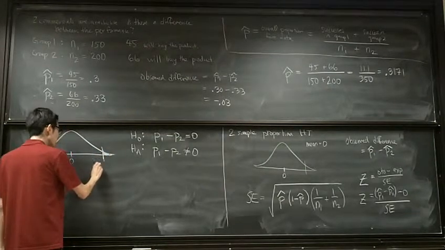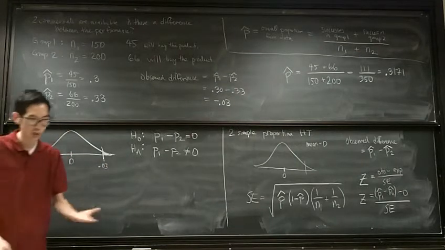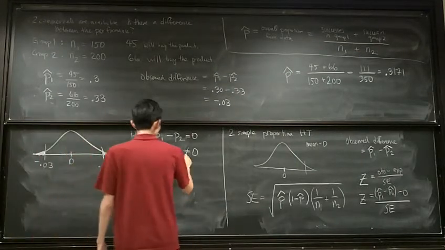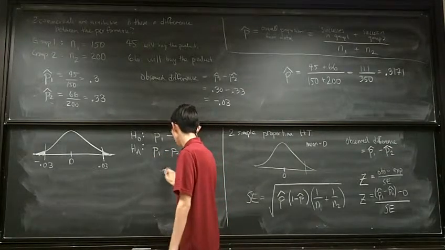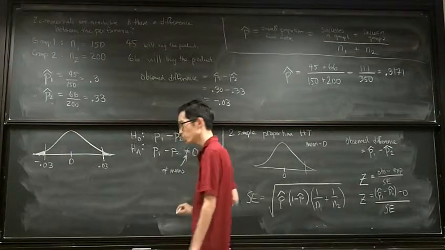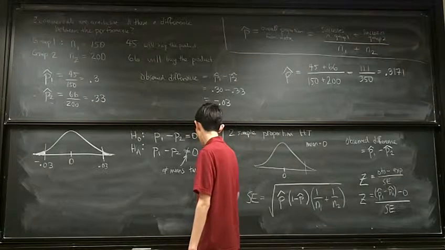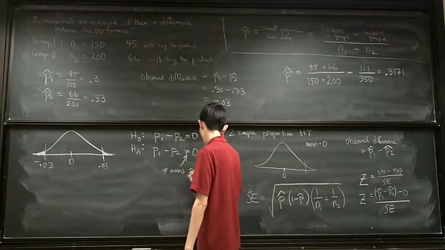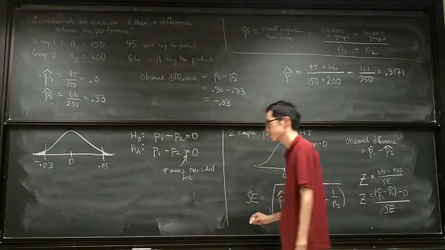If that's a little bit confusing right now, don't worry. Through exposure, you'll get used to this. But basically, the key here is the not equal to sign means we have something called a two-sided test.